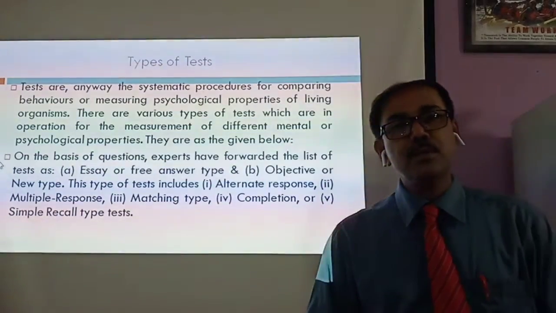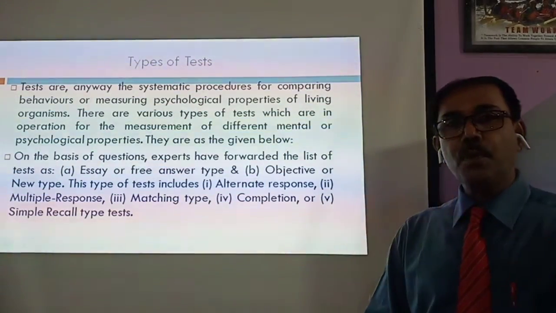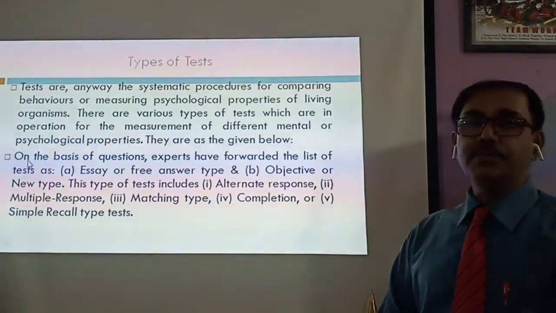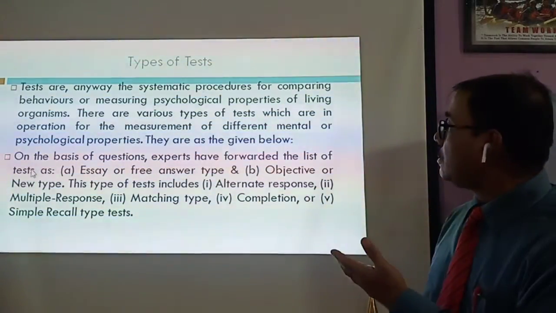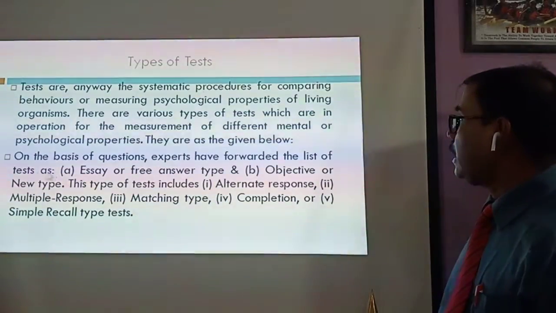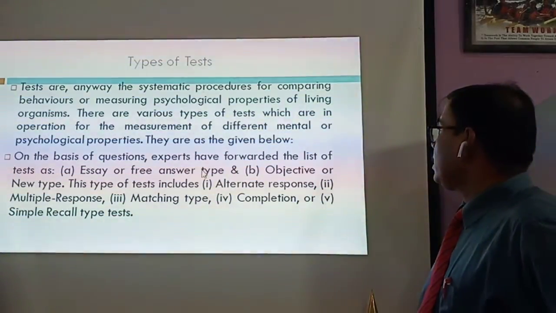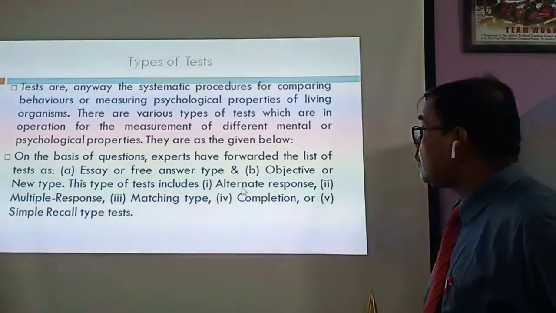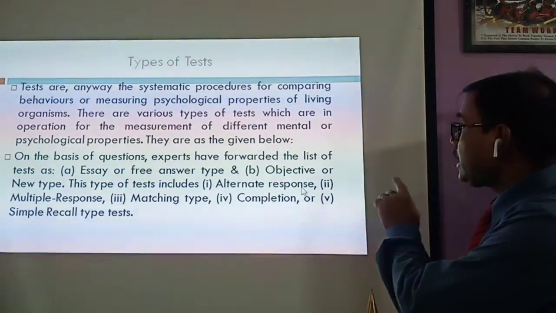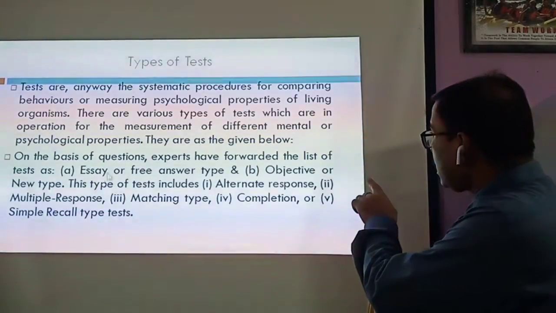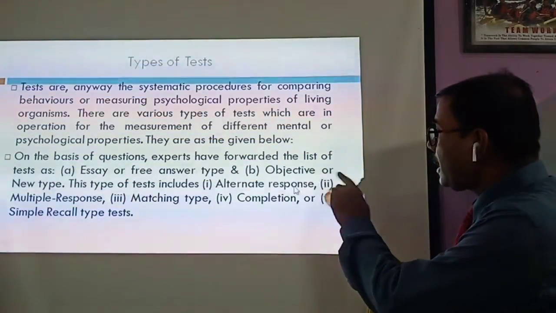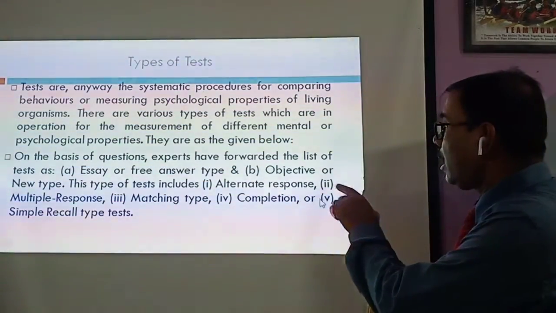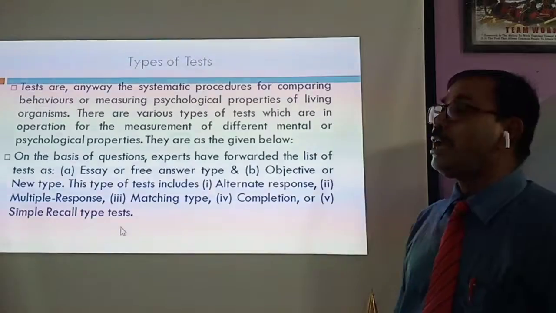As researchers, as students of higher classes, you are to get detailed information relating to all the tests like essay or long-answer type, objective or new type. The objective type includes alternate response, multiple response, matching type, completion or simple recall type tests.